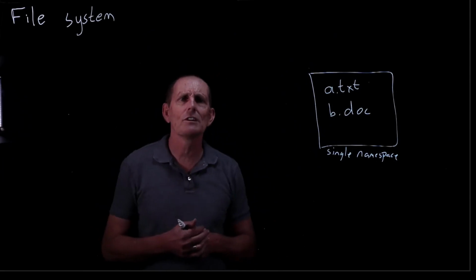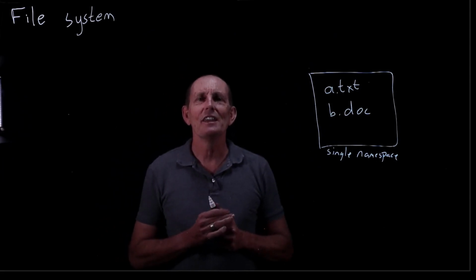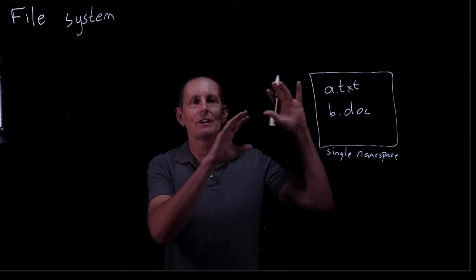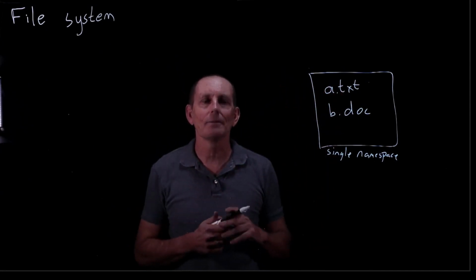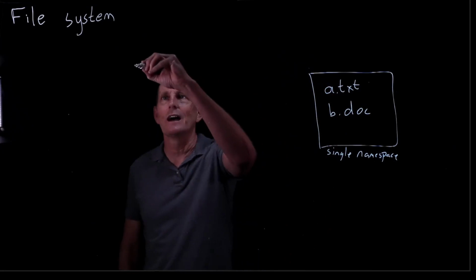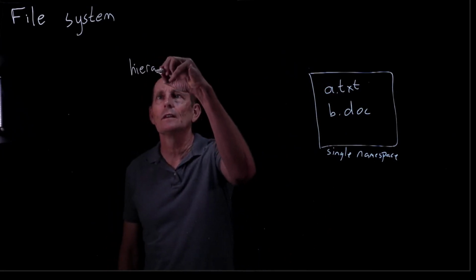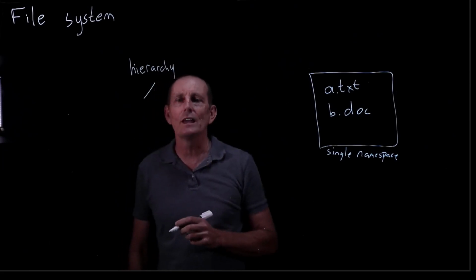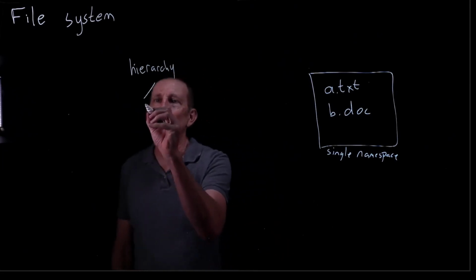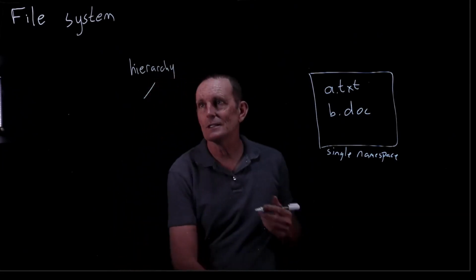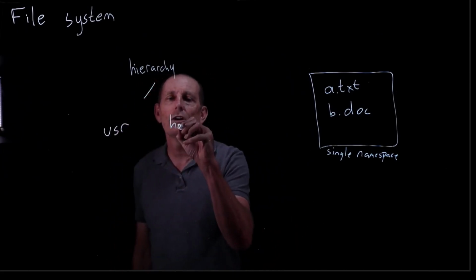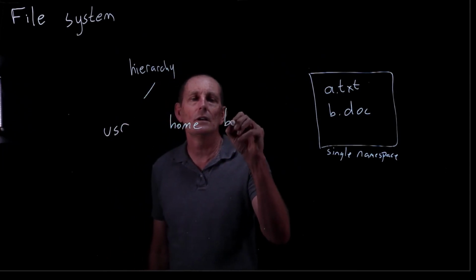Today, if we look, for instance, at iOS, the applications have their own namespace. So between different applications, they can't collide. But what's most common is a hierarchy, where we might have a root, and then from the root, we have various subdirectories, let's say user and home and bin.